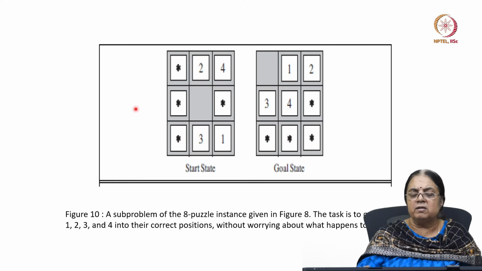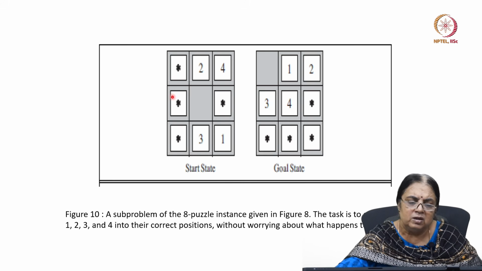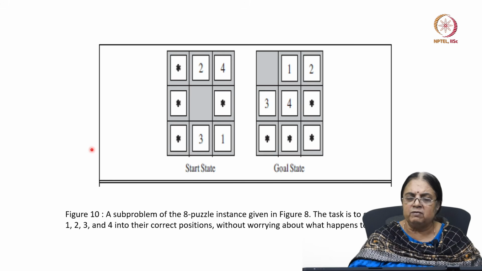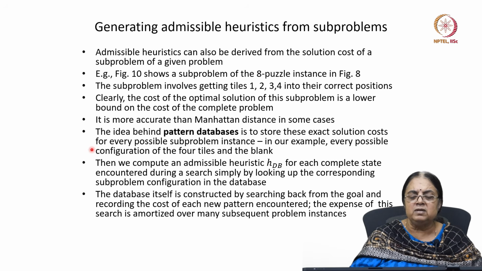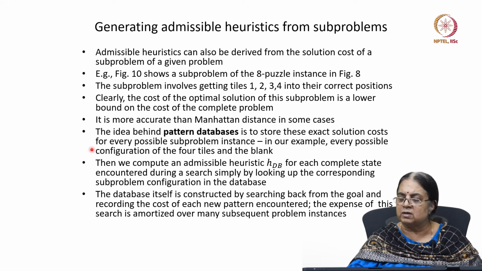We can create two sub problems here, one for moving 1, 2, 3, 4, another for using only the rest of them, 5, 6, 7, 8. If you divide it into sub problems and then use those sub problems to find the overall heuristic, that is one method of finding the heuristic.